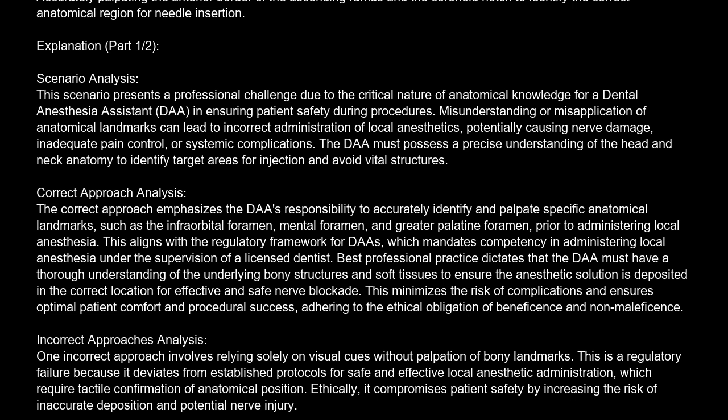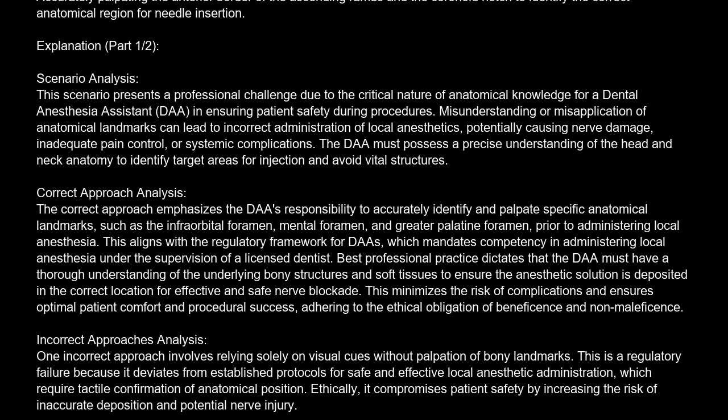Correct approach analysis. The correct approach emphasizes the DAA's responsibility to accurately identify and palpate specific anatomical landmarks, such as the infraorbital foramen, mental foramen, and greater palatine foramen, prior to administering local anesthesia. This aligns with the regulatory framework for DAAs, which mandates competency in administering local anesthesia under the supervision of a licensed dentist.